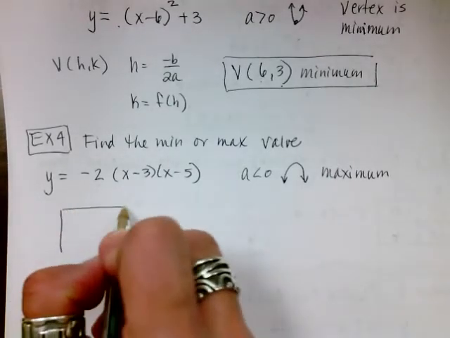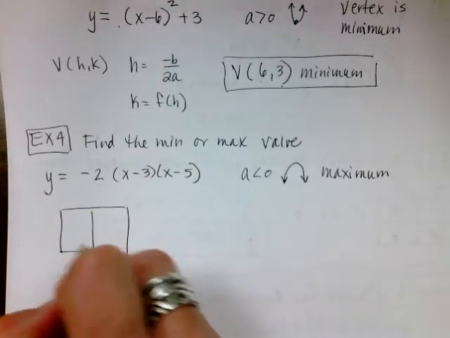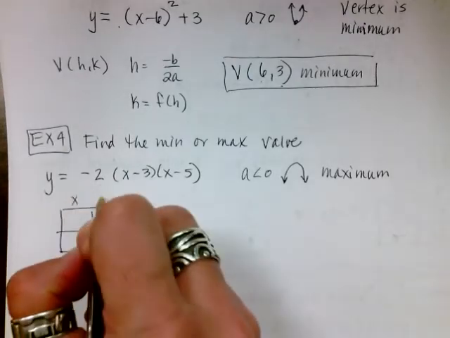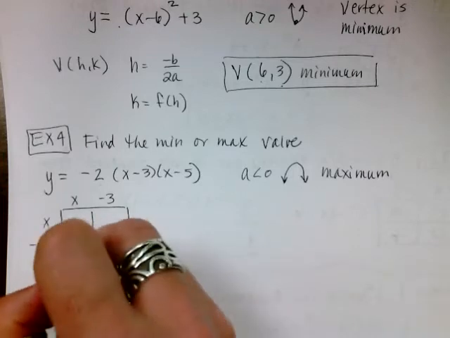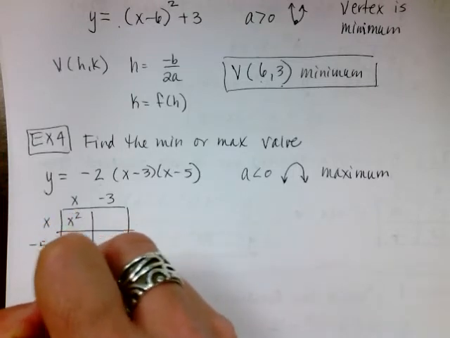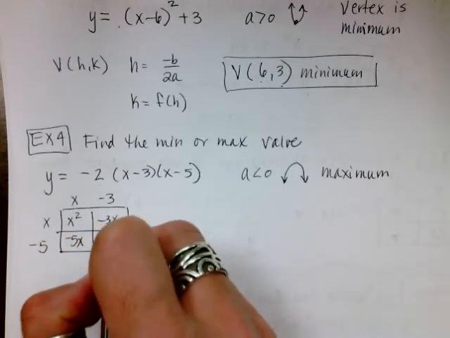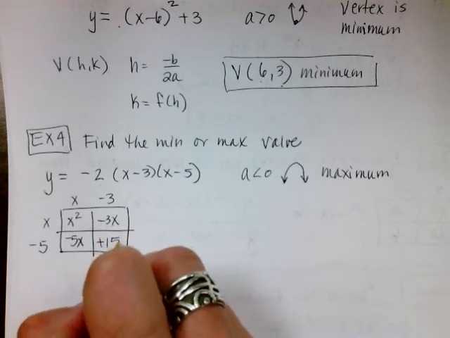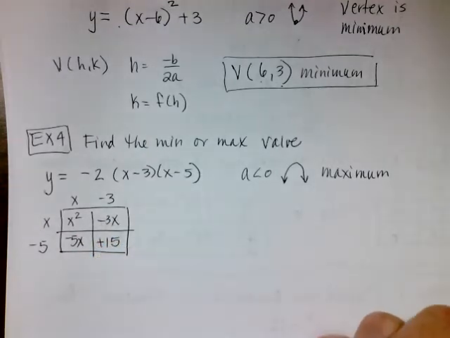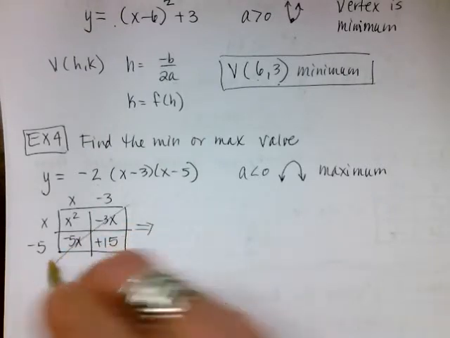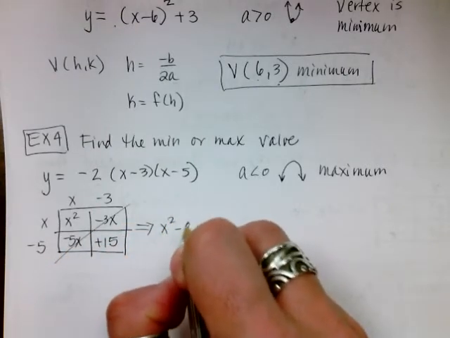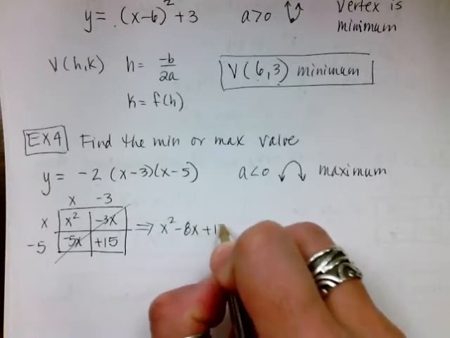So first I need to distribute (x − 3) and (x − 5). I'm going to get x² − 5x − 3x + 15. My phone's ringing, so we're just going to ignore it. This simplifies to be x² − 8x + 15.